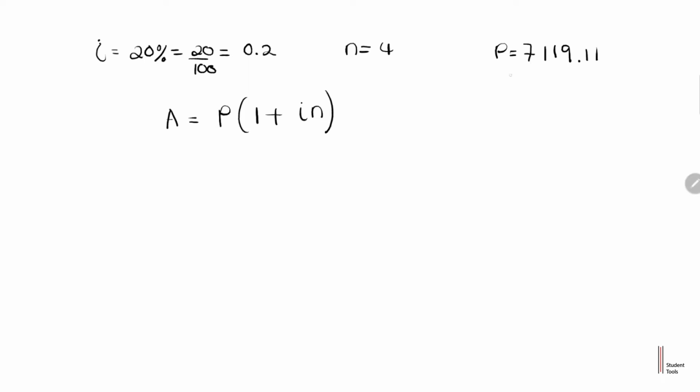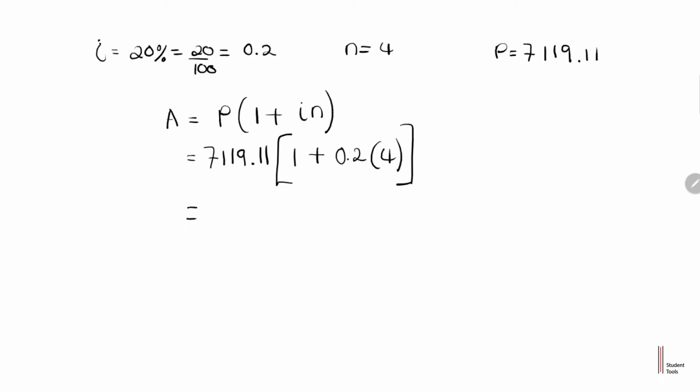So the principal amount will have to be the 7,119 and 11 cents. We multiply that with the 1 plus i, which is 0.2, multiplied by n. So that is 4 years. Close our bracket. So what is the accumulated amount after?